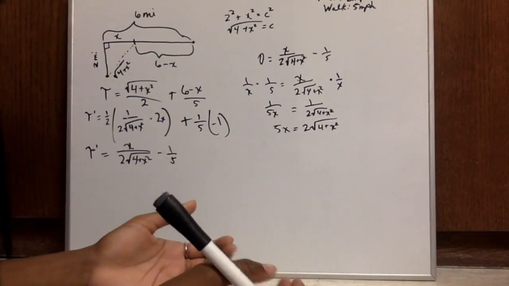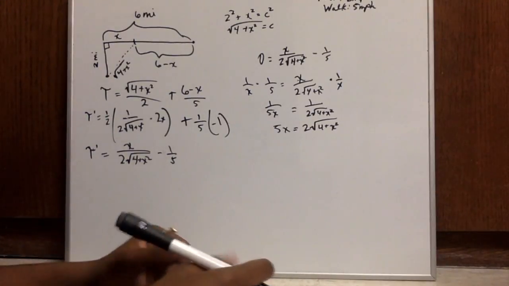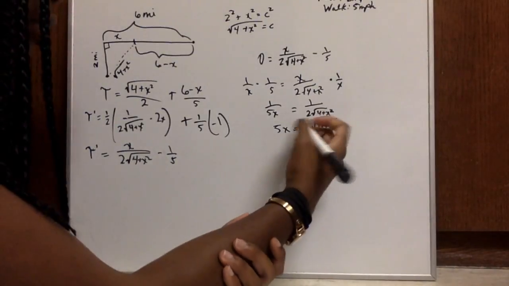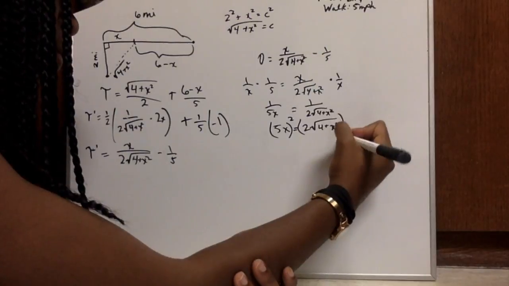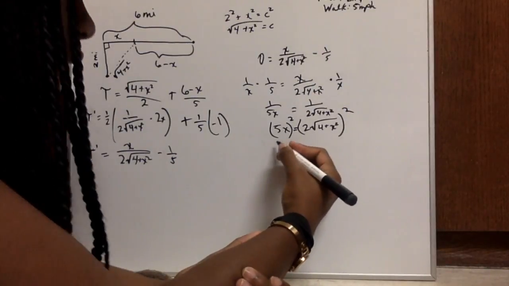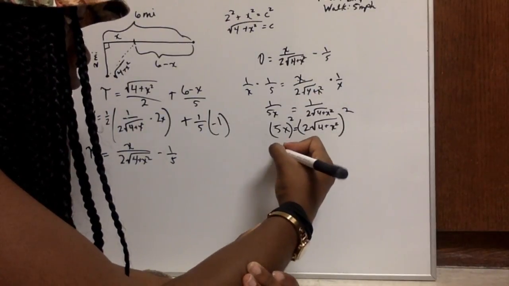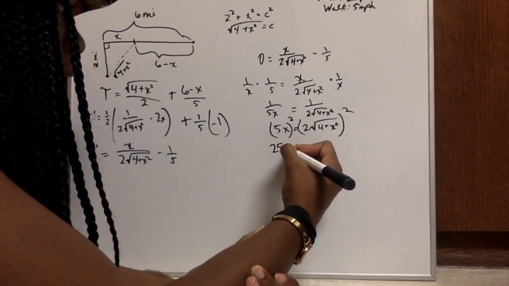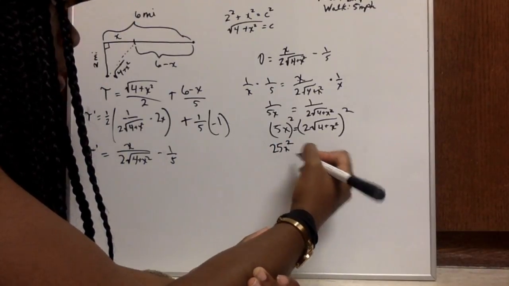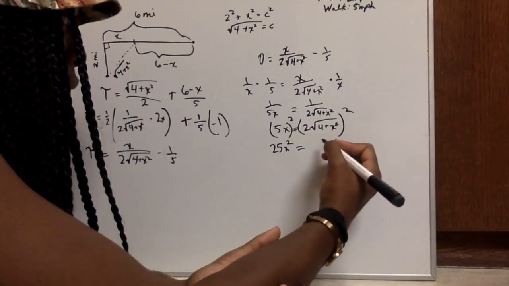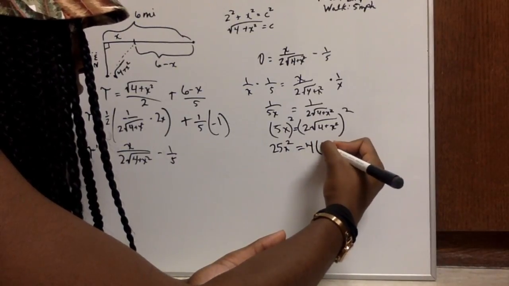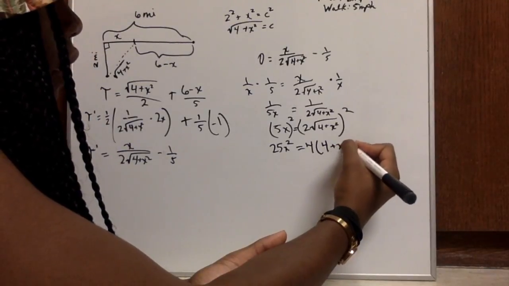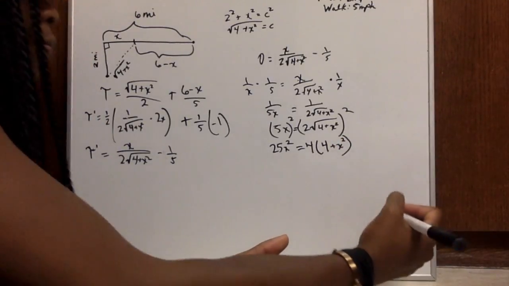So here I'm going to go ahead and square both sides in order to get rid of this radical. 5x squared is going to be 25x squared, which equals 4 times 4 plus x squared.